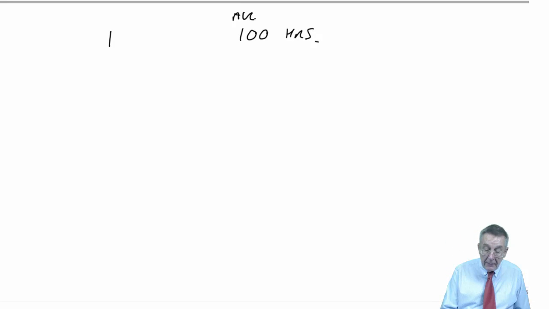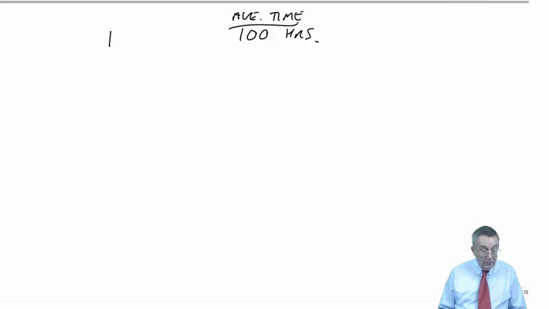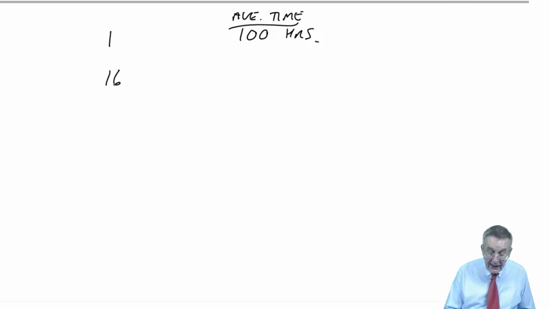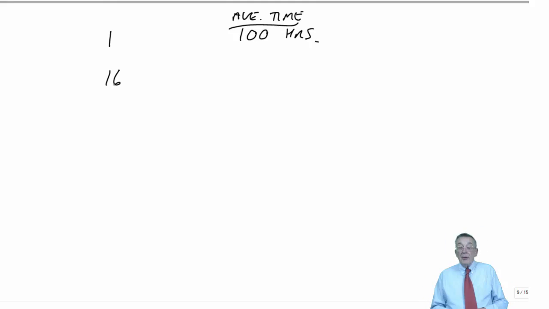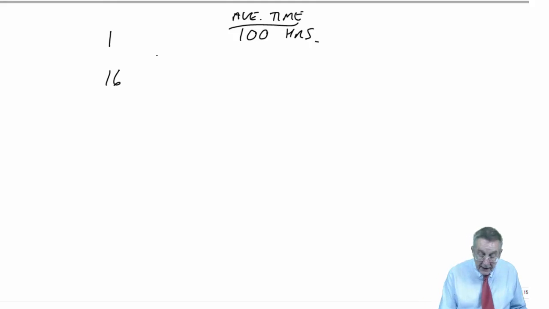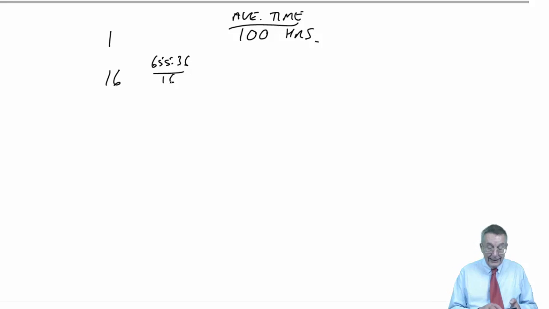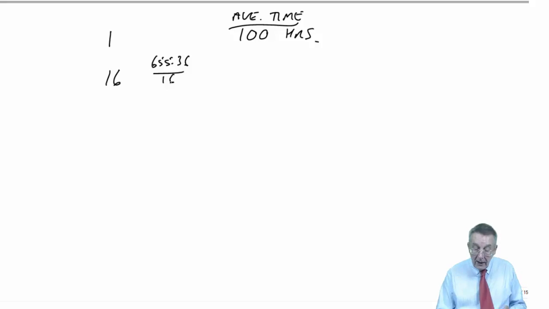Well, we'll do exactly what we did before, but it's based on the average time per unit or per batch. And so if we make 16, the average will be 655.36 over 16, which is 40.96.